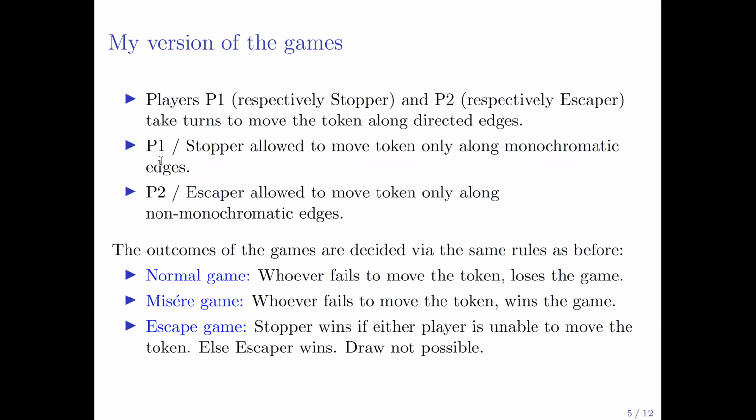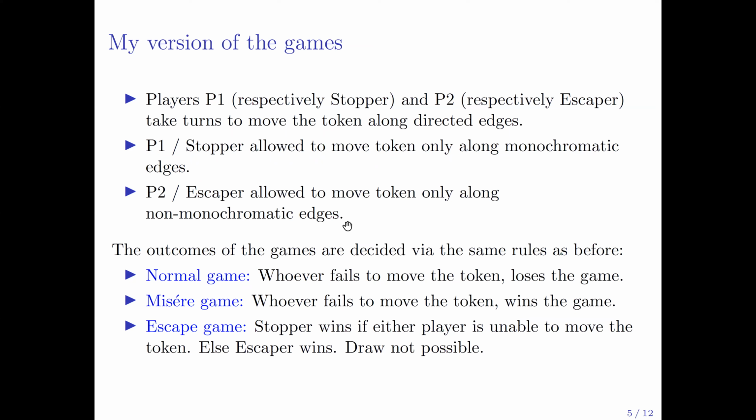So in case of the normal and misère games, P1, and in case of the escape game stopper, are allowed to move the token only along monochromatic edges. And in case of the normal and misère games, P2, and in case of the escape game escaper, are allowed to move the token only along non-monochromatic edges. Okay, so now you are restricting the edges along which the two players can move the token.